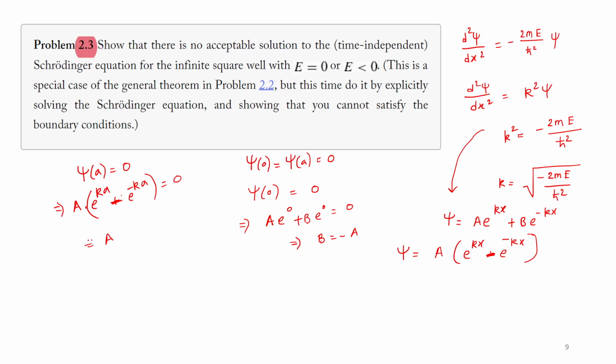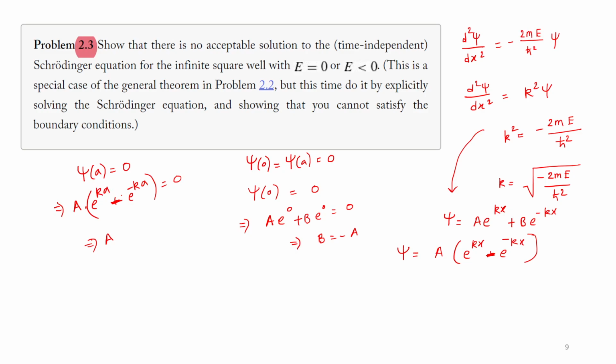Now A cannot be 0. Why are we going to that A thing? Because if A is 0, then B is also 0, then everything is 0. That is going to happen. I am talking about capital A. So B is equal to minus A.